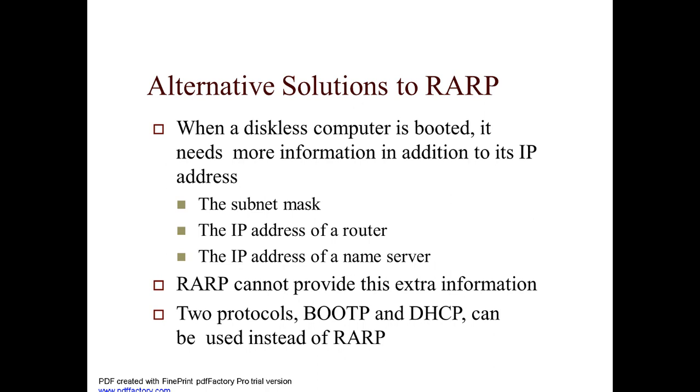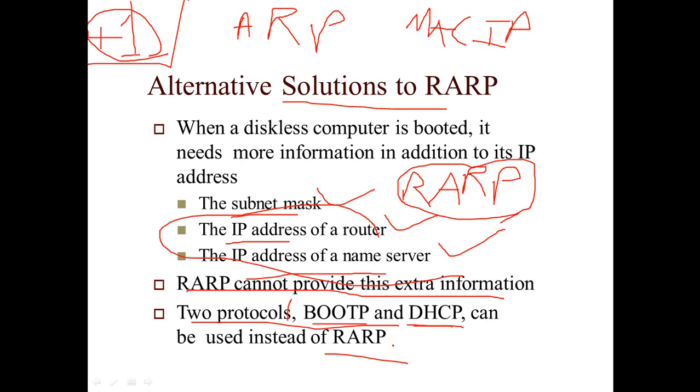That is where you can use these two protocols to get the other information, that is the subnet mask, the IP address of the router, or the IP address of any name server. There are many other protocols you can use to gather this information when you reset a system or use it for the very first time.